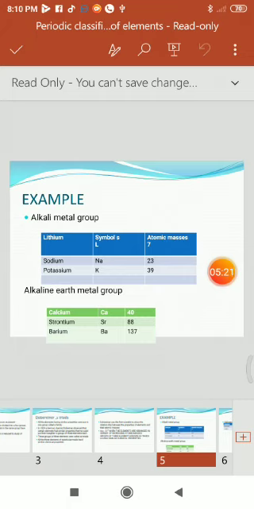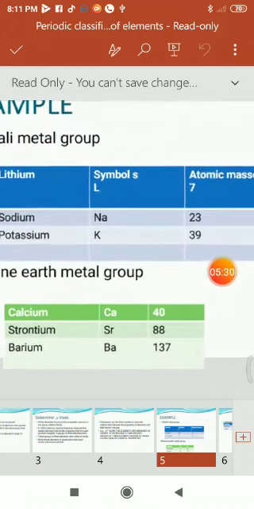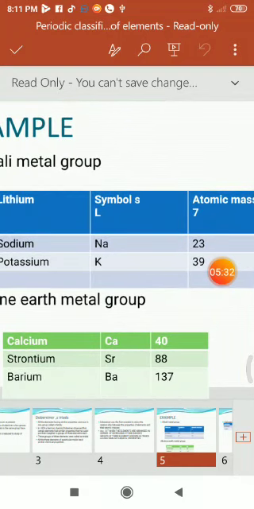So let's take the next group, that is the alkaline earth metal group. The three elements are calcium, strontium and barium. The atomic mass of calcium is 40, strontium is 88, and barium is 137.